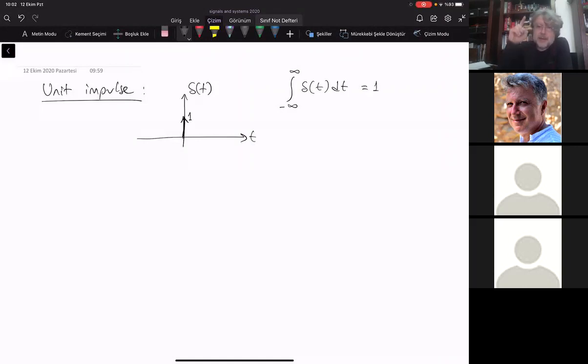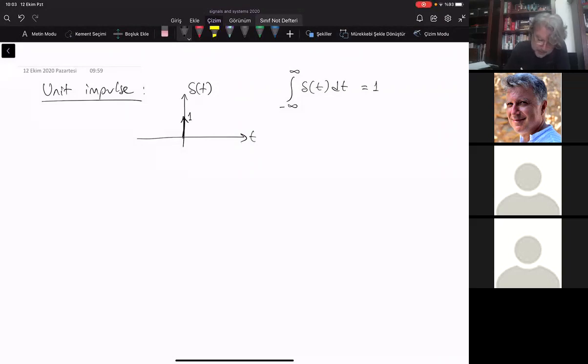But it has infinite height, and the width of the signal is 0, technically speaking, in such a way that 0 width times infinite height, which gives you the area of that rectangle shape, is 1. So how can we come up with such a thing, and why are we using it?